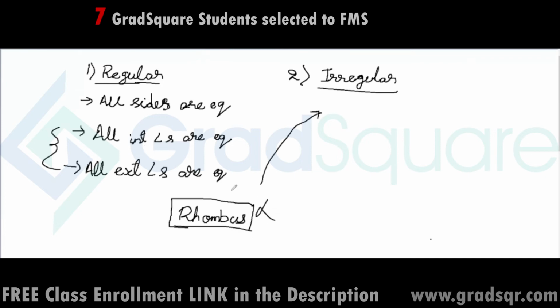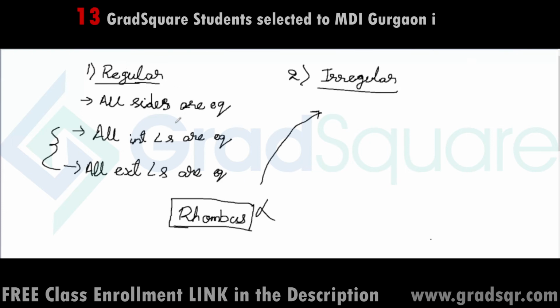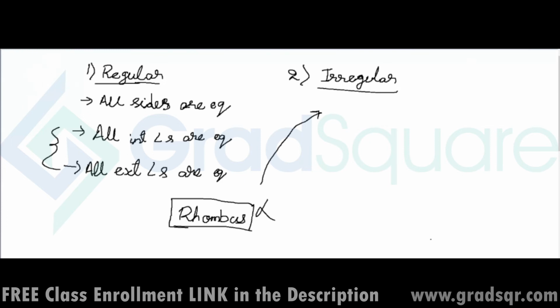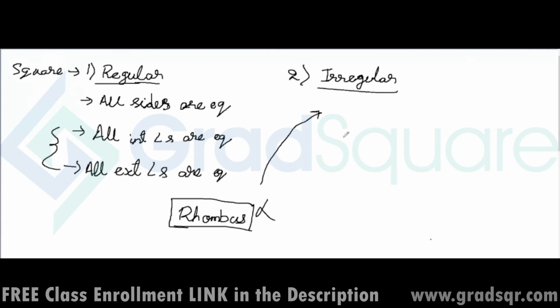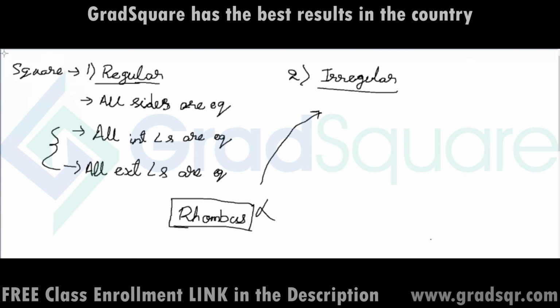A rhombus is a curious case of a polygon which has all sides equal, but it is still not a regular polygon because all its interior angles are not equal. Okay. So the quadrilateral which is a regular polygon is a square. So a rhombus is an irregular polygon. This is something that is a curious case, so I thought you should know it.